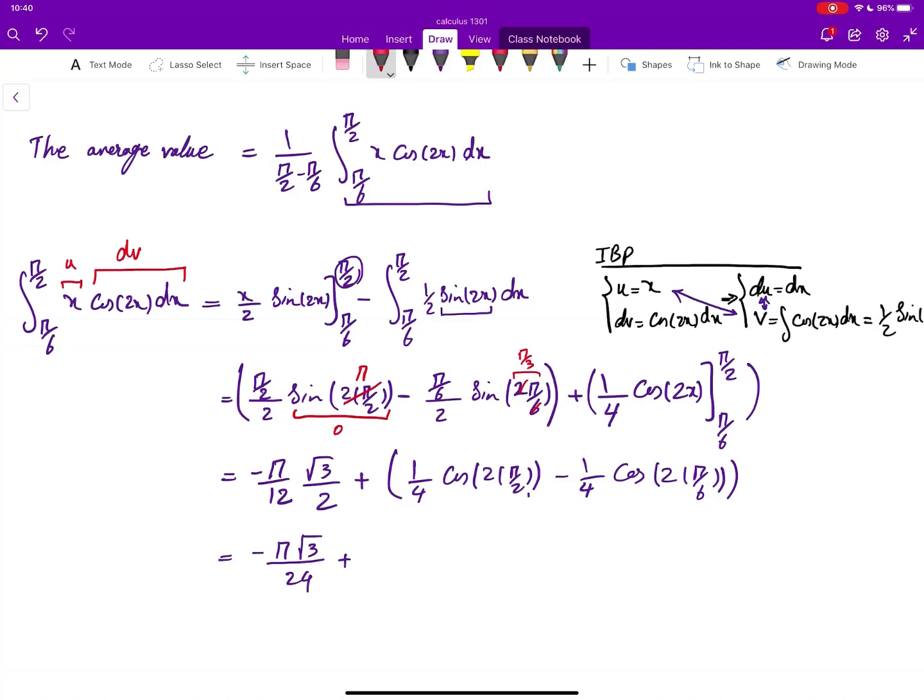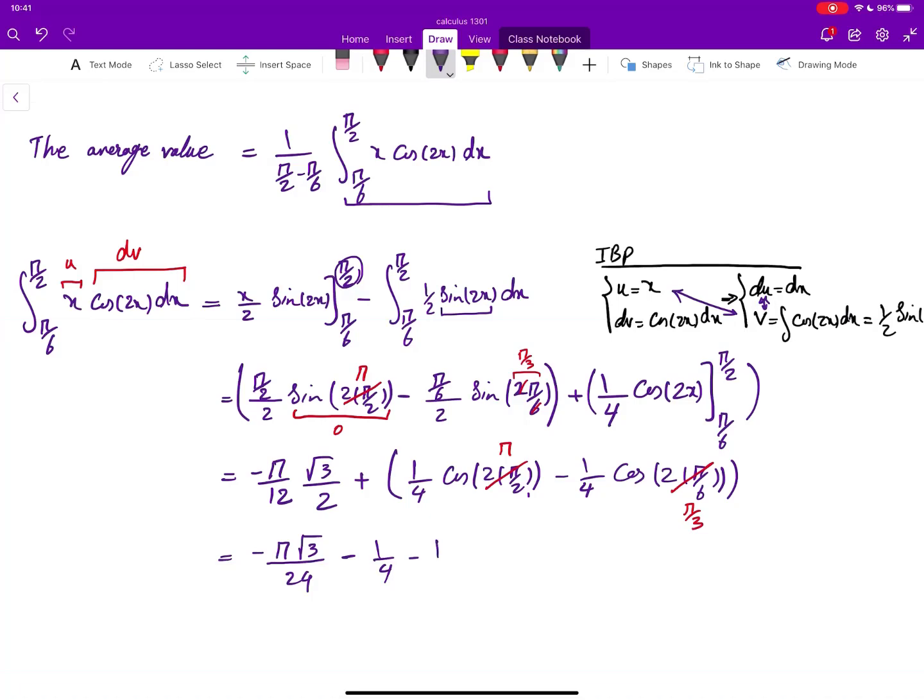You see, these two cancel, just get cosine of pi. Cosine of pi is -1, so that will turn 1/4 to -1/4. And here I have pi over 3. Cosine of pi over 3, or just cosine of 60 degrees, is half.